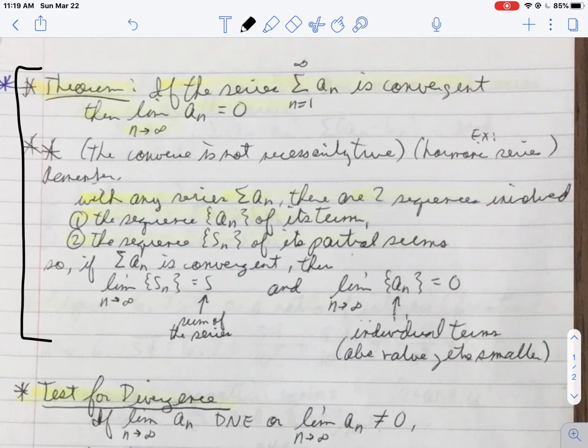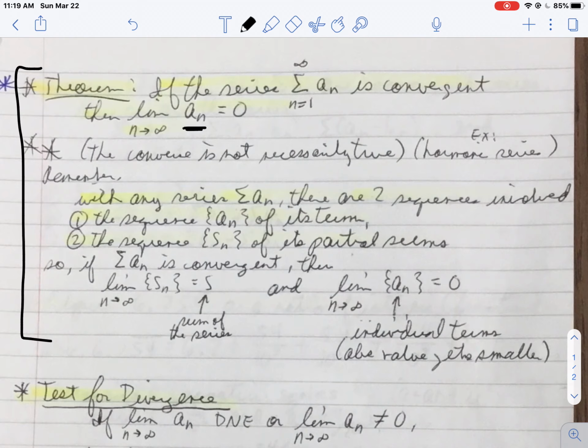What does that mean? Well, that means if I look at the terms of the series a sub n, then as n approaches infinity, those terms would have to be getting smaller and smaller and smaller. Those terms would have to be approaching 0 in order for the series to be convergent.